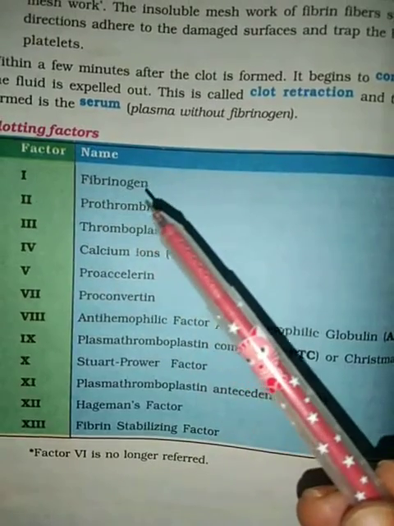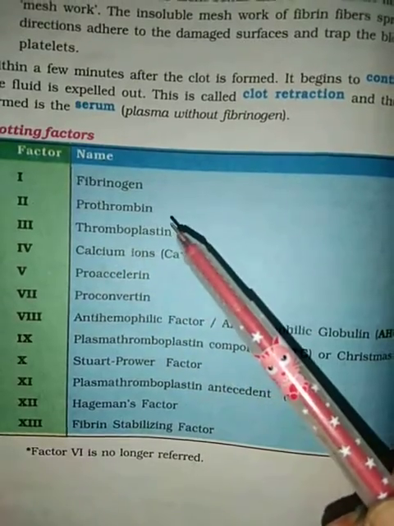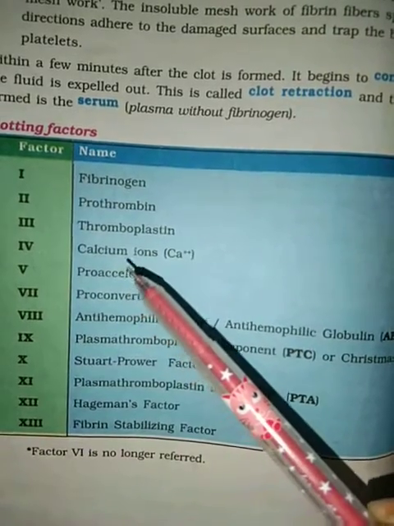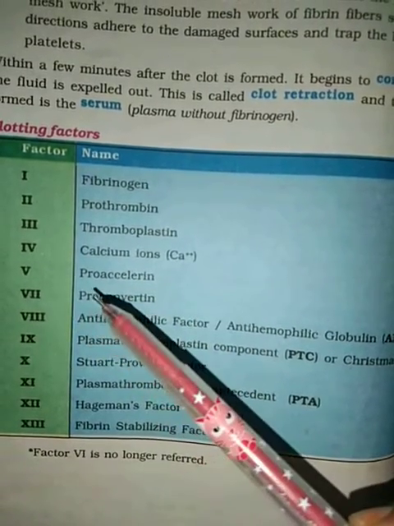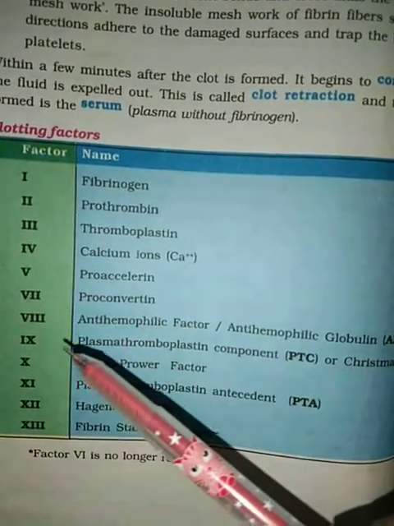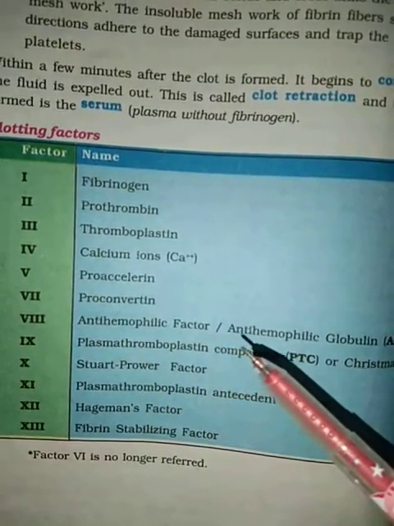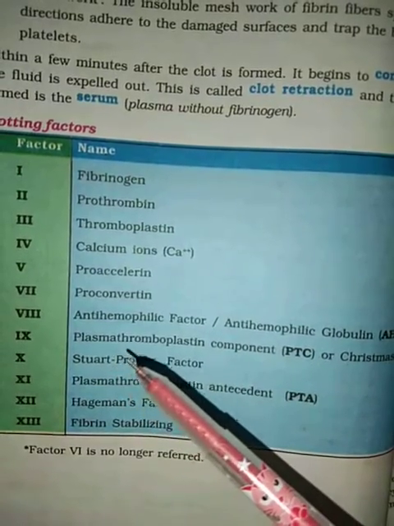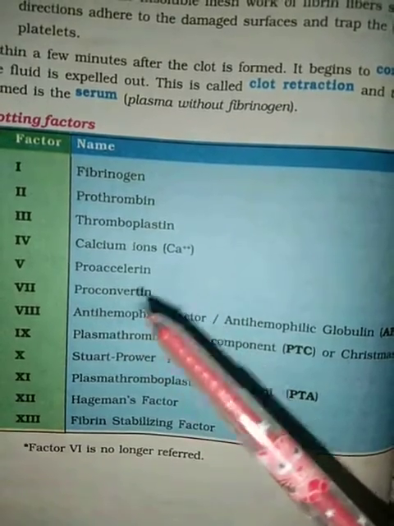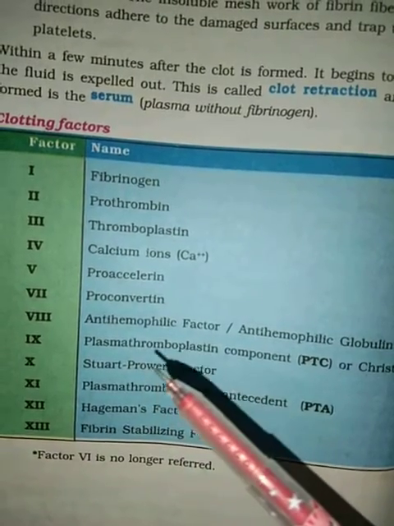The first factor is fibrinogen. The second is prothrombin, and the third is thromboplastin. The fourth is calcium, the fifth is proaccelerin, the seventh is proconvertin, and the eighth is the antihemophilic factor.